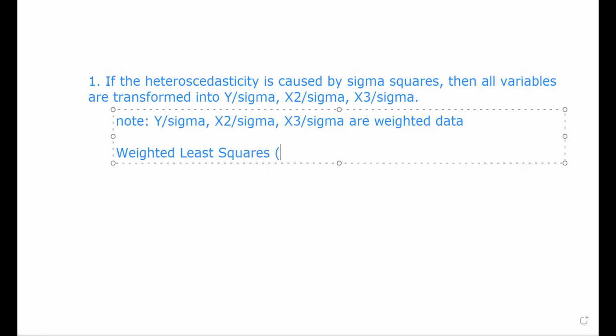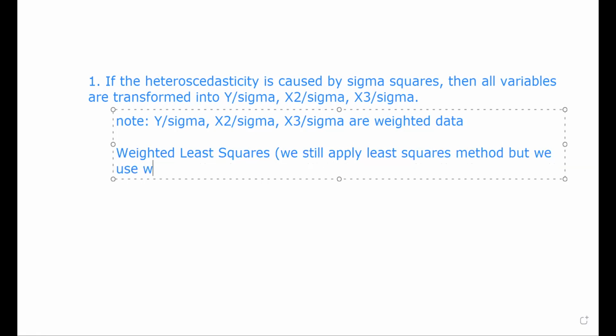It means we still apply the least square method, but we use weighted variables.